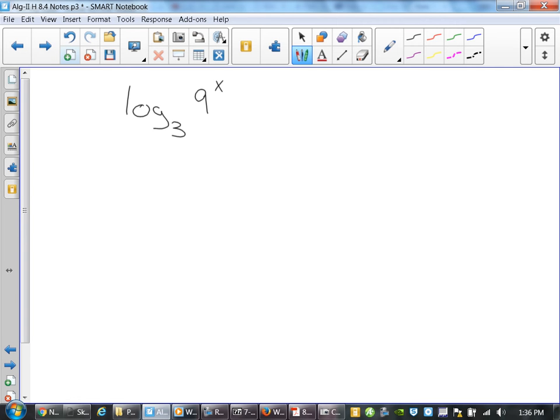So this would equal the log base 3 of 3 to the 2x, because that x stays up there. Do those have the same bases? What falls? The 2x. So this would simplify to equal 2x.